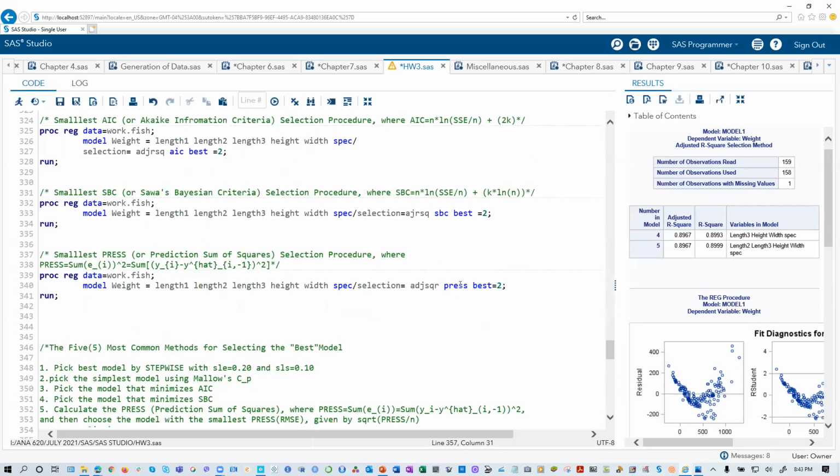Otherwise, press becomes R squared. Press and R squared are the same if you use the whole data set. You're not supposed to use the whole data set. You're supposed to use only, as I showed yesterday, the same thing.